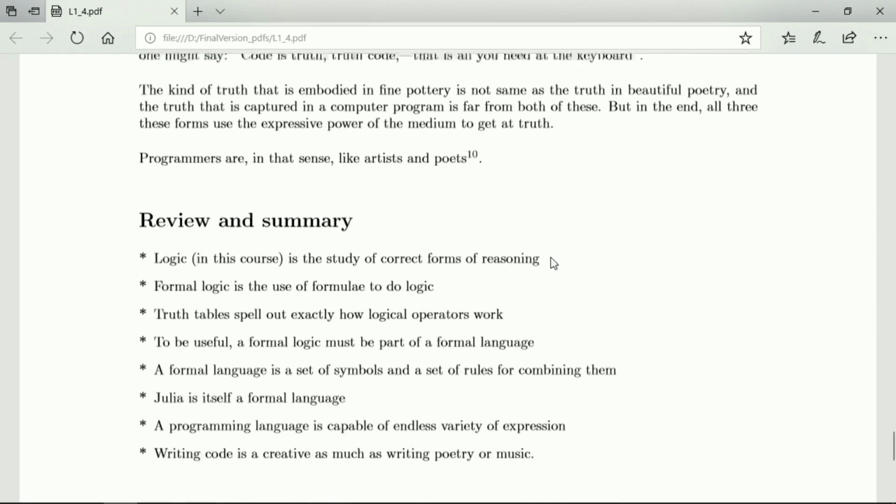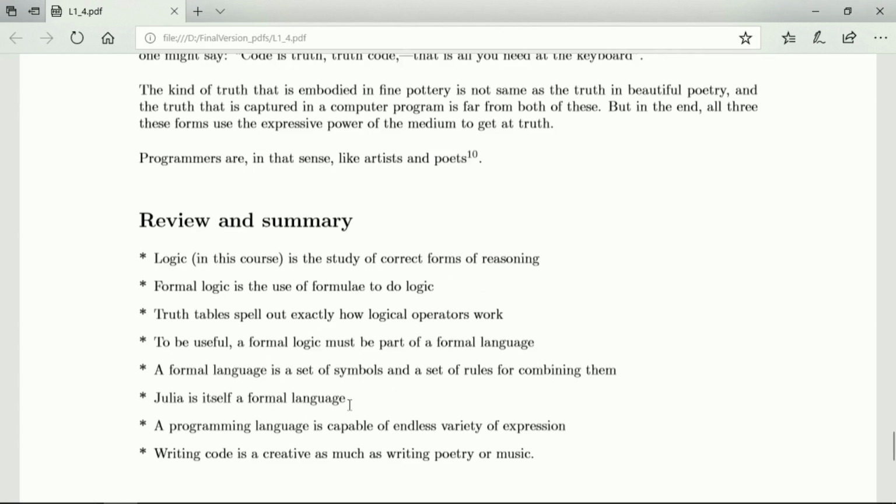Okay, so let's summarize. Logic is the study of correct forms of reasoning. Formal logic uses formulae to do logic. Truth tables spell out exactly how logical operators work. And to be useful, a formal logic must be part of a formal language. And a formal language is a set of symbols and a set of rules for combining them.